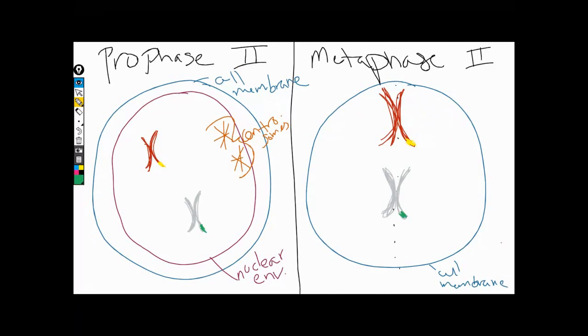How would I know the difference between meiosis 2 and mitosis? How does this look different than our mitosis drawings? Okay, one way I could tell is if the crossing over was obvious. Crossing over only happens in meiosis. How else might I be able to tell? Correct.